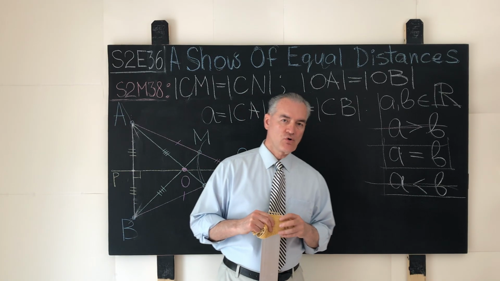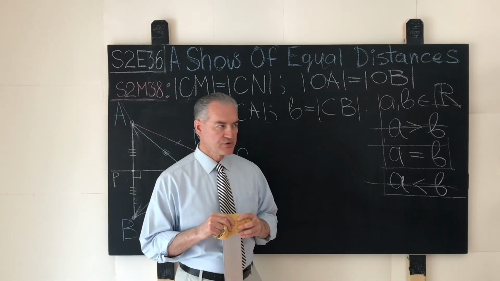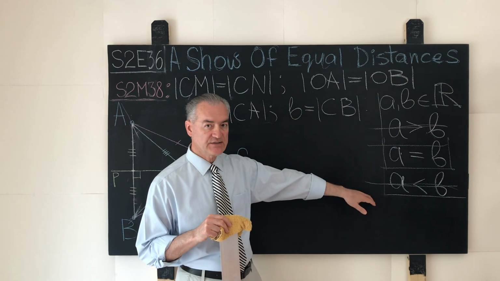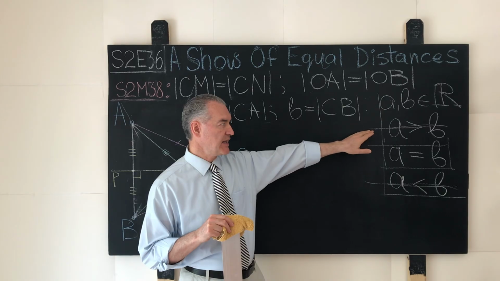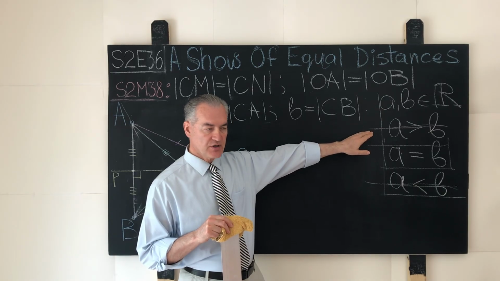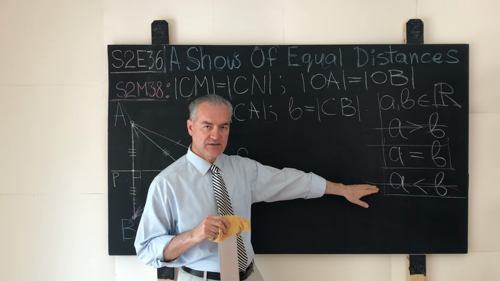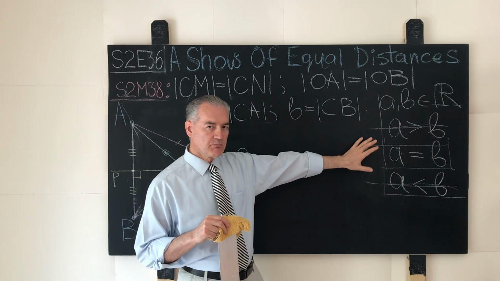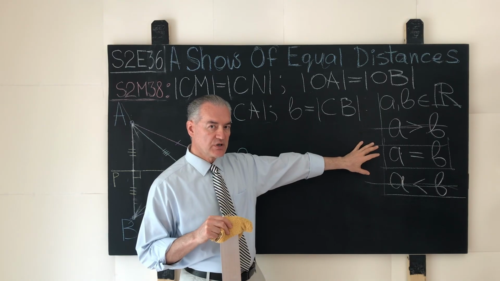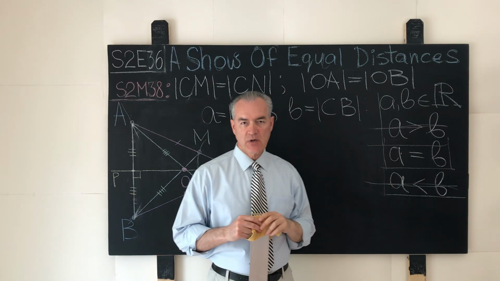And now we recall that the trichotomy law for real numbers covers 3 cases, out of which we have eliminated 2. We eliminated the case that A is strictly larger than B, and we eliminated the case that A is strictly less than B.